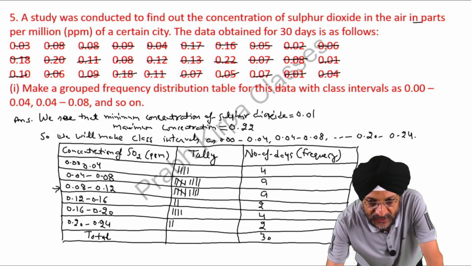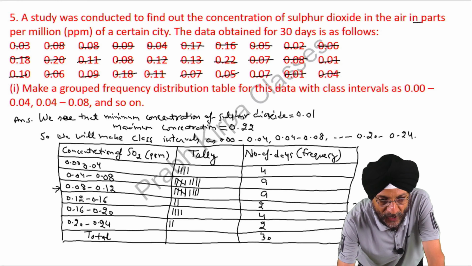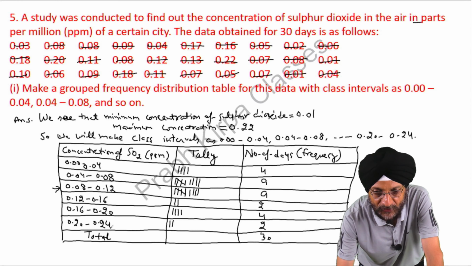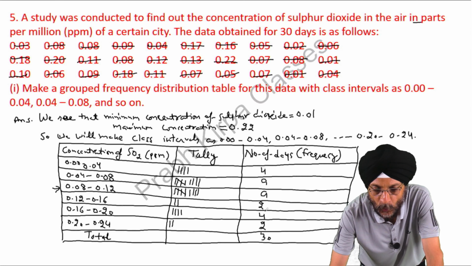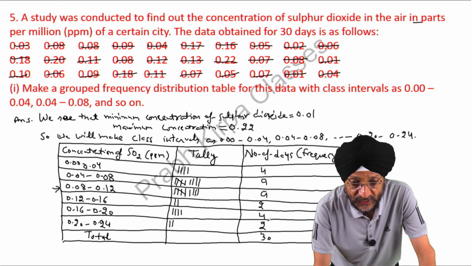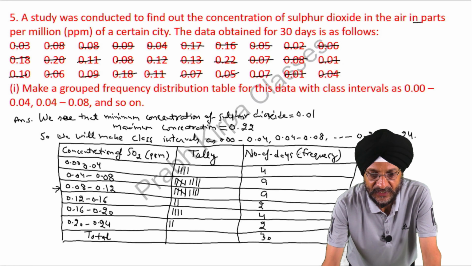So all the entries from 0.12 to 0.24, that is 2 plus 4 plus 2, the 8 entries, the data for 8 days, fall in this particular range.